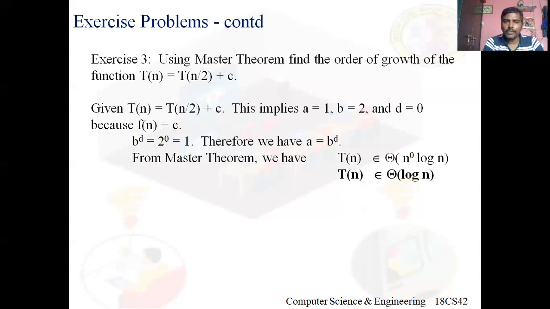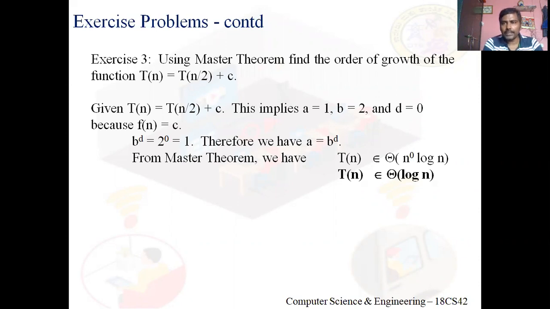A equals 1, B equals 2. And we have C in case of f of n. C is just a constant like 1, 2, 3, whatever. So there is no n in f of n. F of n equals C means f of n is a constant function.